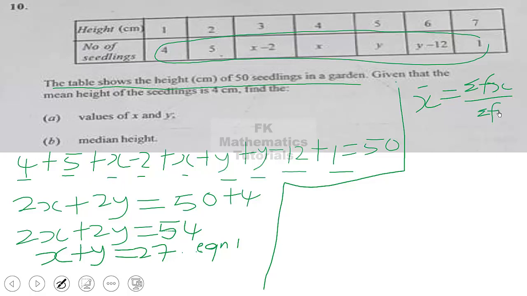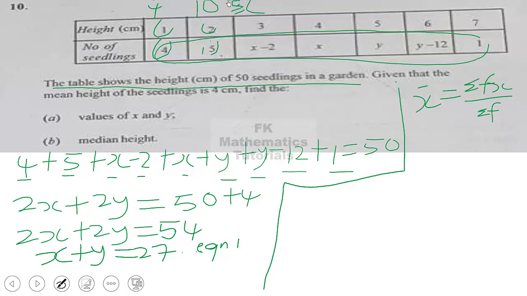So we are going to add all this. 4 times 4, we multiply this and add. When you multiply this, we get 4. When you multiply this, we get 2. 5 times 2, we get 10. When we multiply this, we get 3 in brackets.